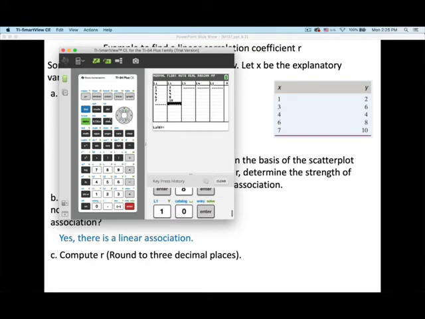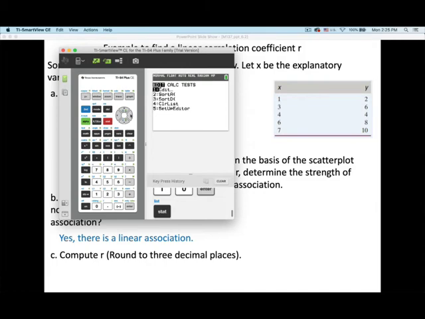Okay, one more time. Click on stat, click on number 1 Edit. For L1, plug in the data for your x. For L2, plug in the data for your y. Okay, now click on stat again.